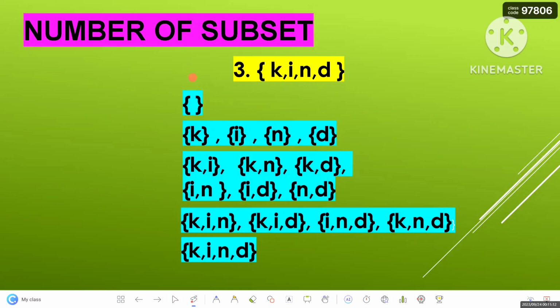So kung bibilangin natin lahat, how many subset do we have? 1, 2, 3, 4, 5, 6, 7, 8, 9, 10, 11, 12, 13, 14, 15, 16. So the answer is 16 subset. Kung may apat tayong elements, we have 16 subset.